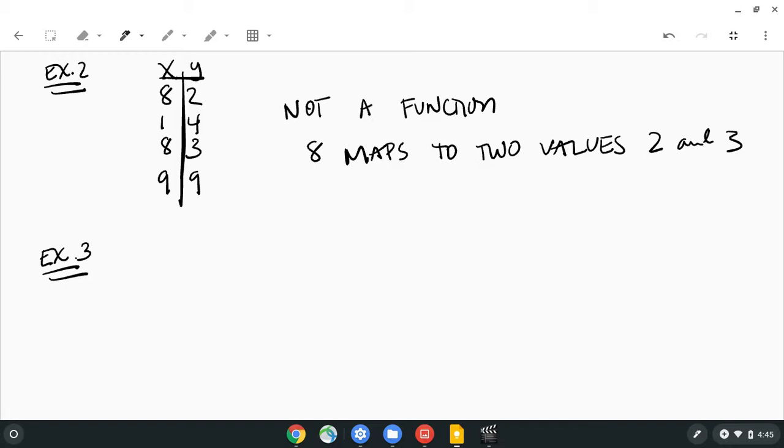Okay, so again, the x's, they can only go to one y value. All right, so example number 3.